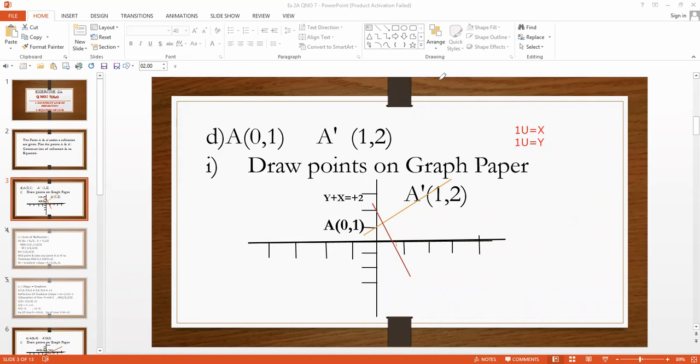From this line we can draw so many lines, I can draw from here, and also from here.